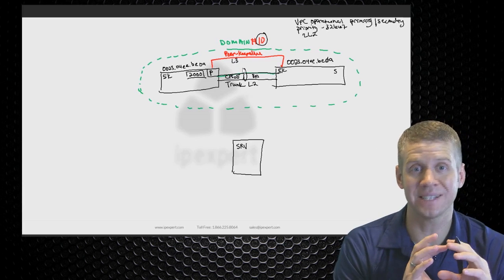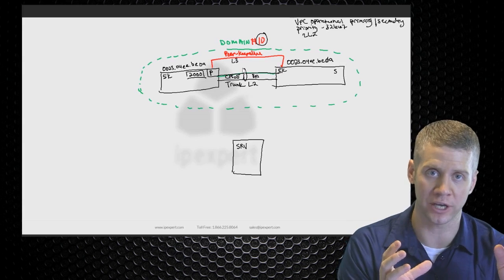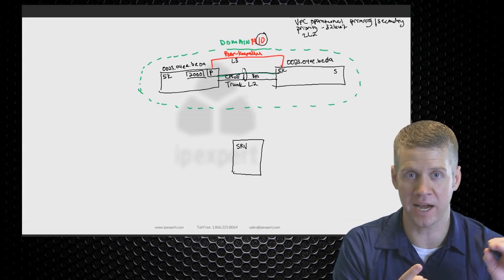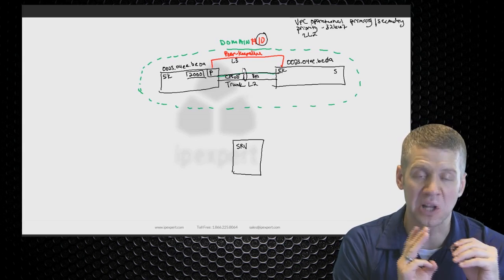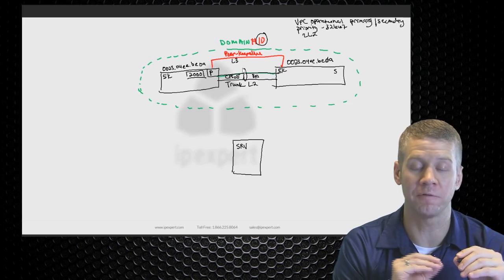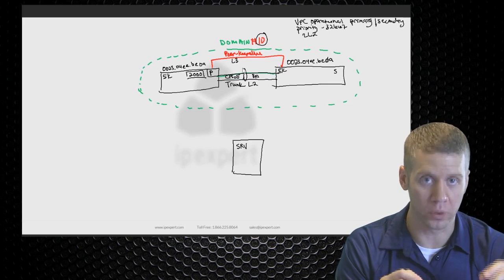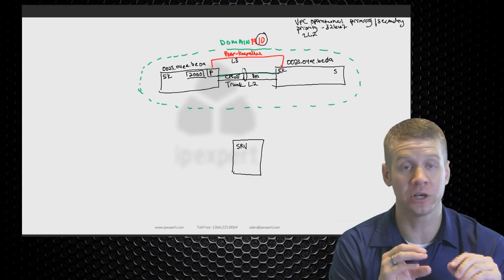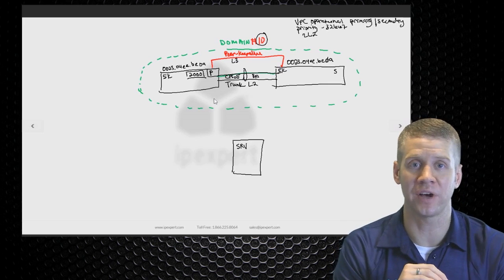Now it doesn't matter how we establish that communication. This can be between two loopbacks, two SVIs. It can be routed ports. As long as they have IP reachability from one to the other, we're good to go. Now what we do not want in a good scenario is to use something like SVIs.